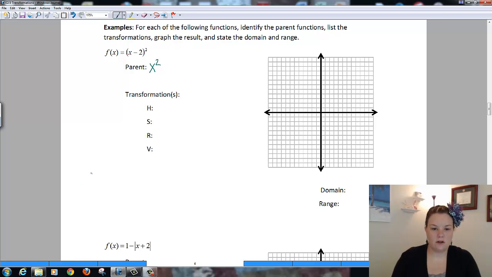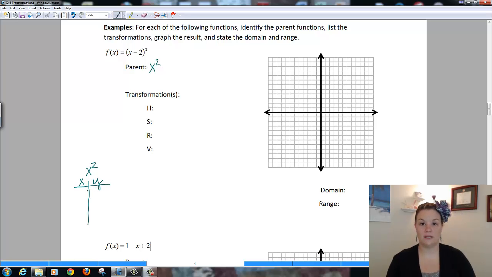So I'm going to go down here and make a table of values for x squared, and then we'll modify it for each transformation. So my original x squared should be a parabola. I'm just going to plug in a few points that I know will give me a nice parabola, like -2, 0, and 2. When I plug in -2 and square it, I get 4. When I plug in 0, I get 0. When I plug in 2, I get 4.